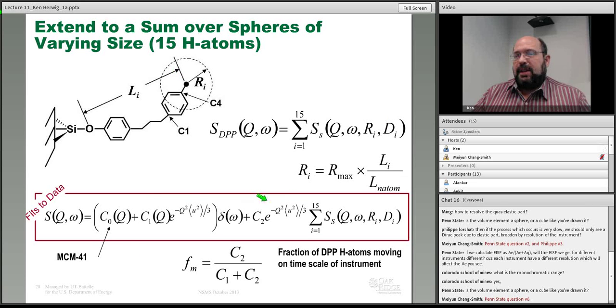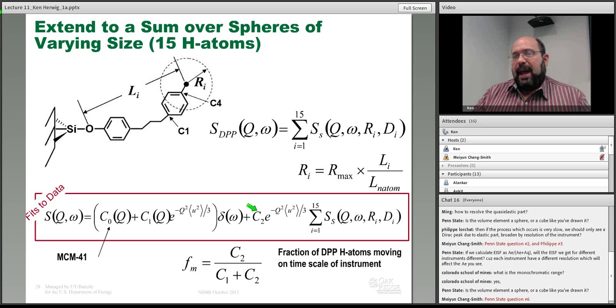It's given here in its entirety. We're going to include a component of elastic scattering that's from the MCM41. We're going to measure that independently. We're going to have an elastic contribution from the DPP molecules, which is going to reflect the fraction of molecules that aren't moving.